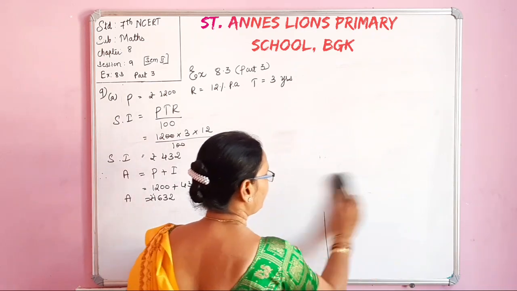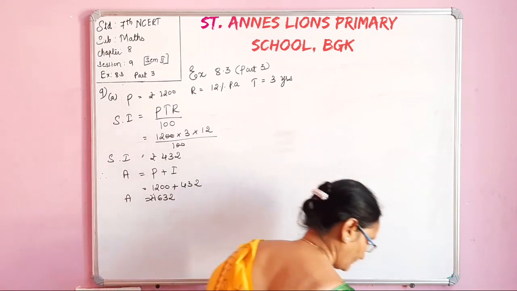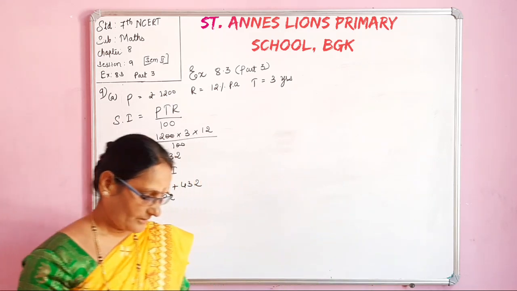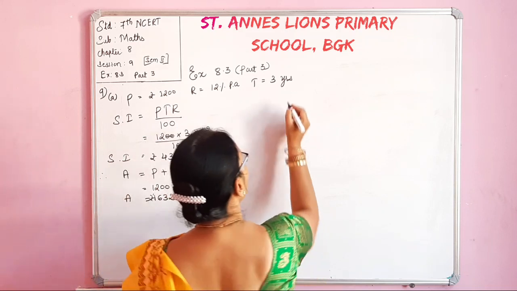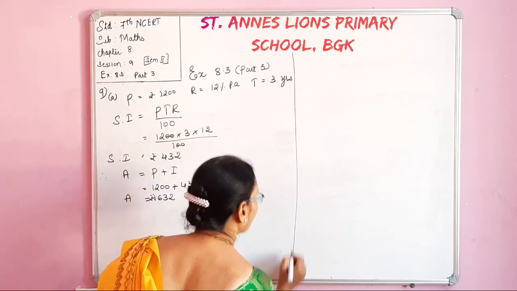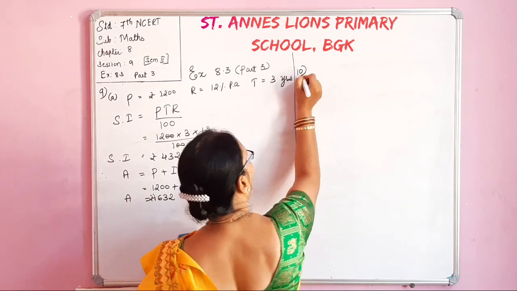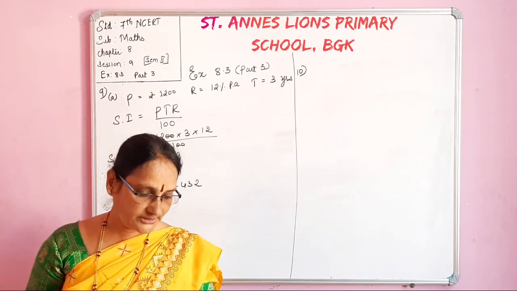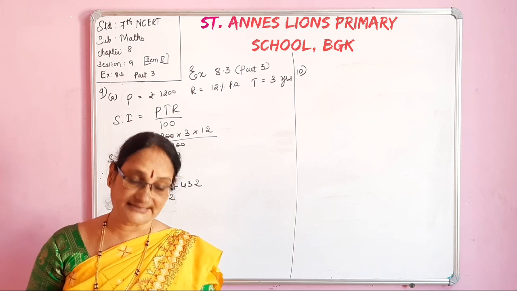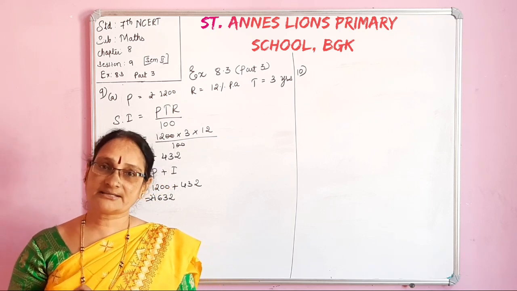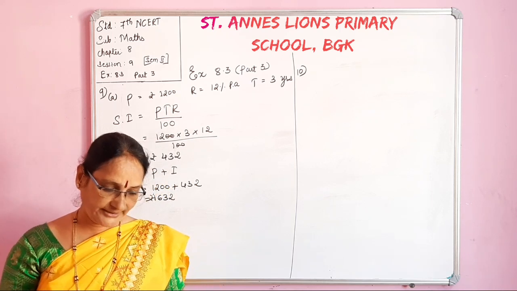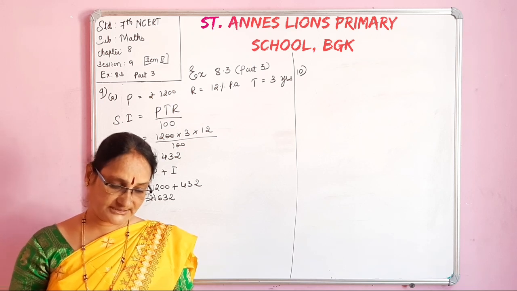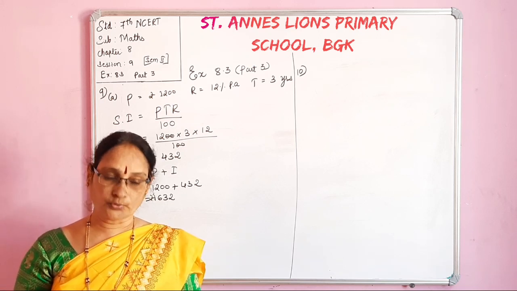We'll see what is the 10th problem. What rate gives rupees 280 as interest? What rate gives means we have to find out R, rate of interest. Simple interest is given on a sum of rupees 56,000 in 2 years.